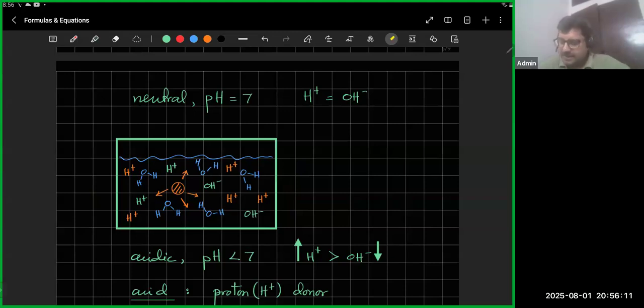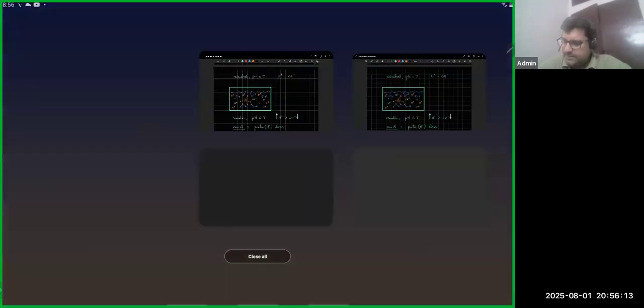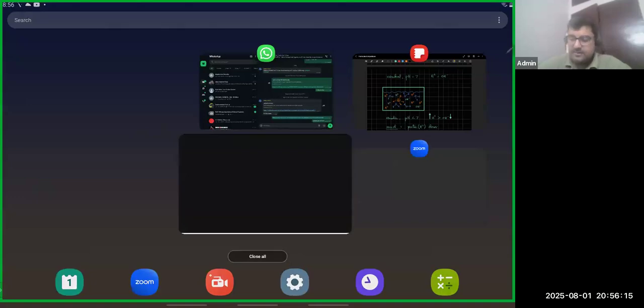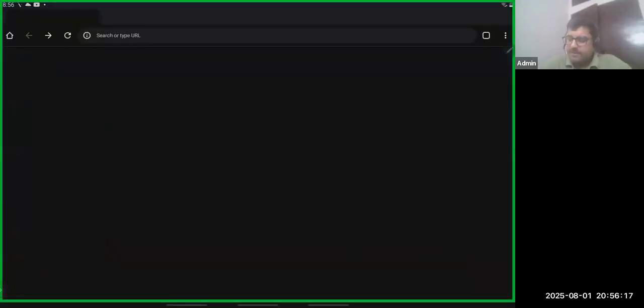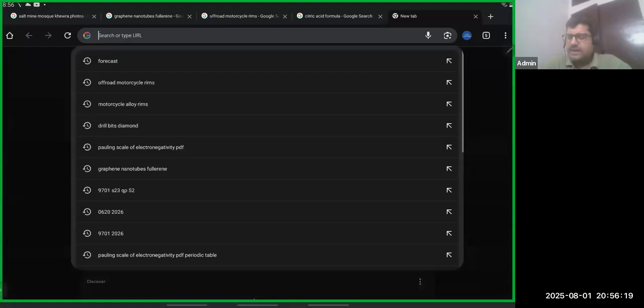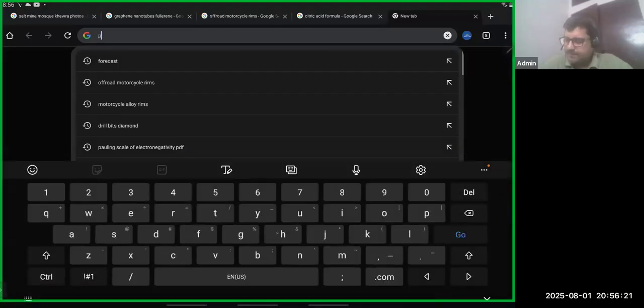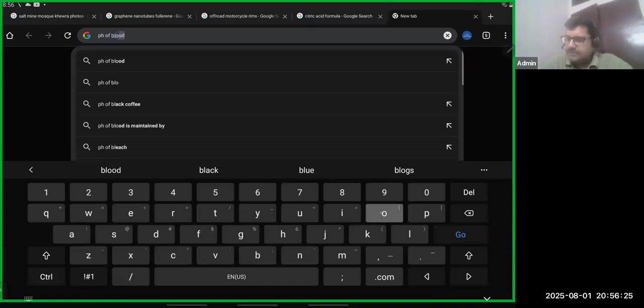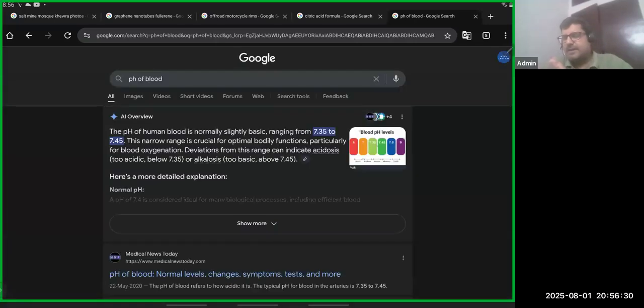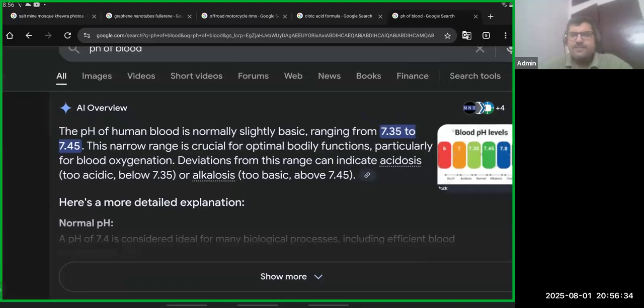If I Google what is the pH of our blood, it's slightly greater than 7. Achha, I'm going to recap this chapter a lot of times because in chemistry, this is the only chapter that's difficult. The pH of blood is not exactly 7, but very slightly higher than 7.